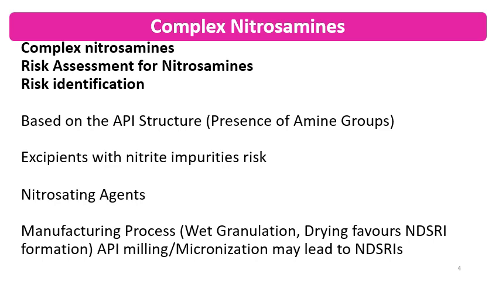Another is the nitrosating agents. These may be acidic agents and nitrosating agents like nitrite impurities. Then the manufacturing process. What type of manufacturing process is finalized for the formulation may have some impact on the complex nitrosamine formation.